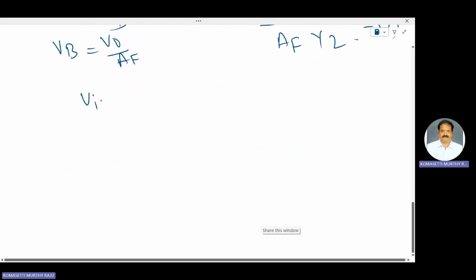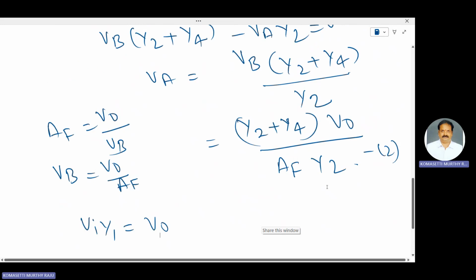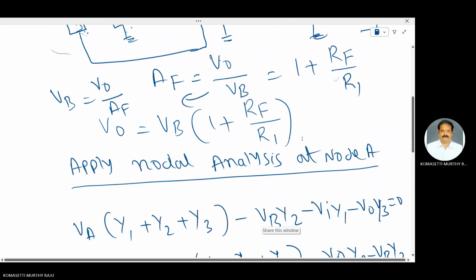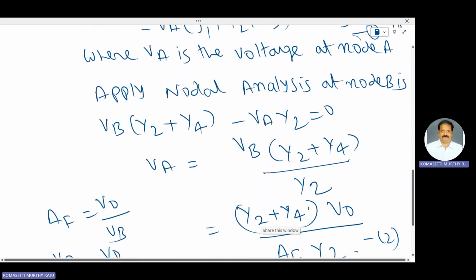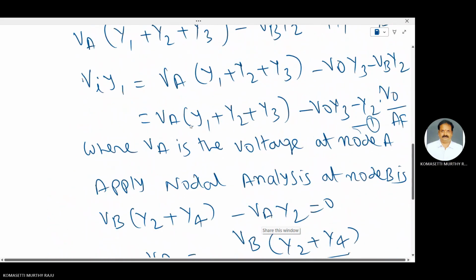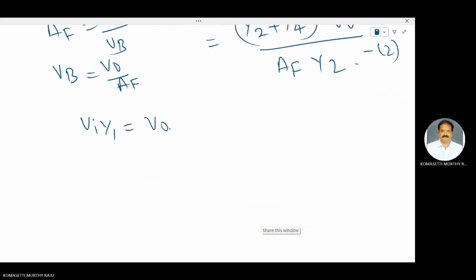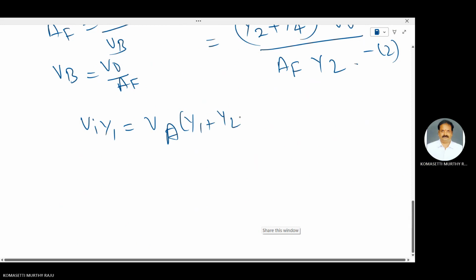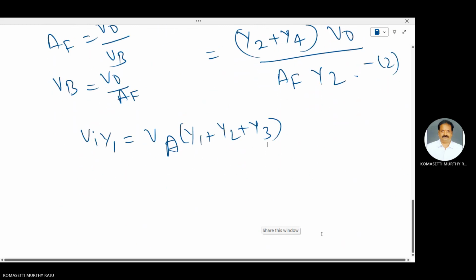Again, I will write the first equation: Vi Y1 is equal to VA into (Y1 plus Y2 plus Y3) minus V0 Y3 minus V0 Y2 by AF.